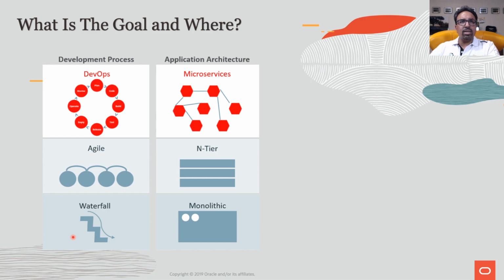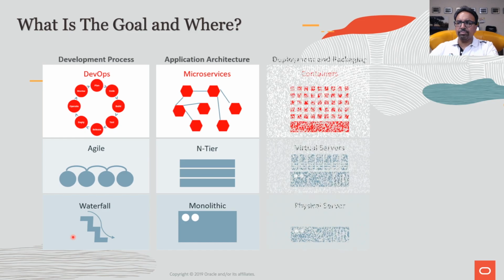I would recommend it's a path to go to, and it's got to be good for the organization. It creates agility, speed and time to market, and keeps you relevant. However, the time to get to microservices could be long, given that you may have a monolithic or end-to-end architecture application. So through this presentation, we want to look at what you can do today without it being a microservices result.